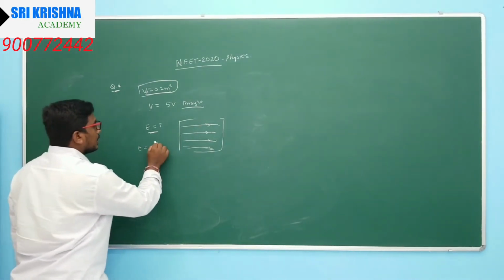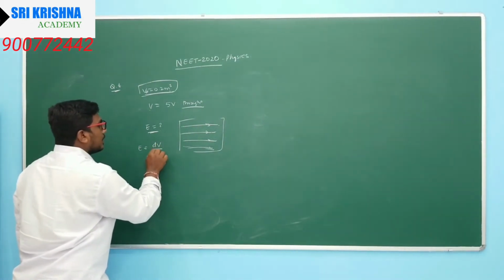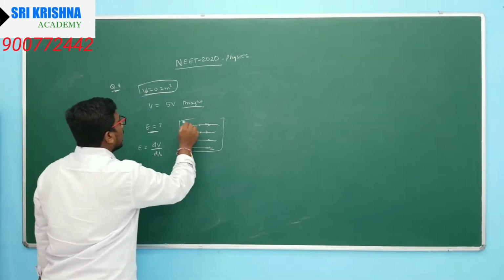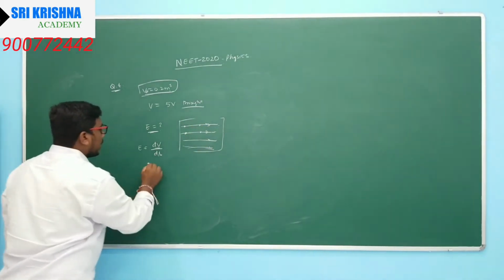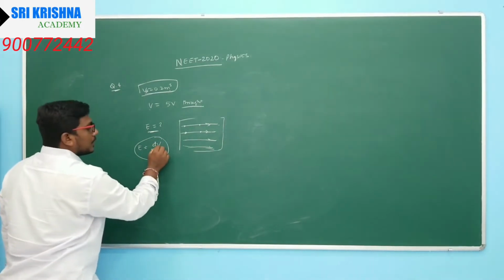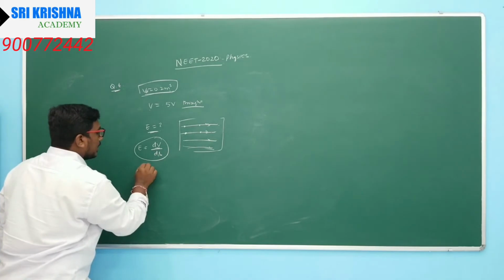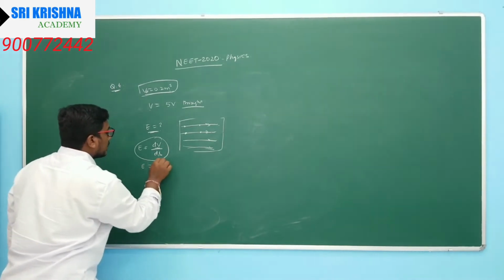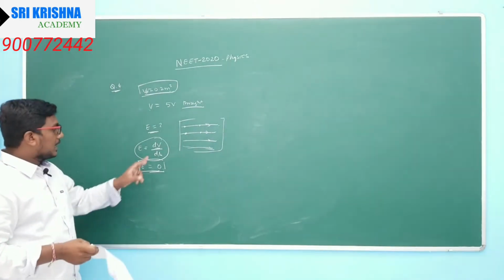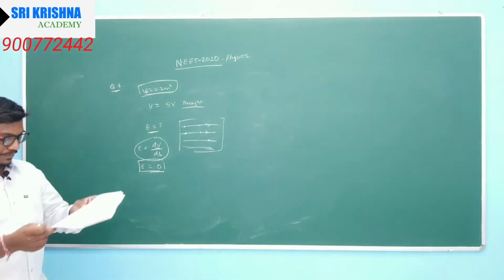Because E is nothing but dV by dr. There is no difference of electrical potential from one point to another, so there won't be any electric field in that region. So dV by dr is 0.